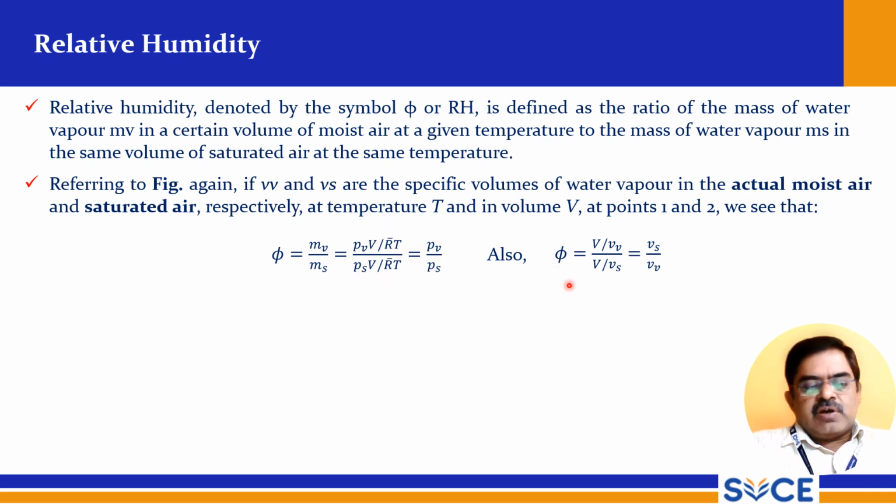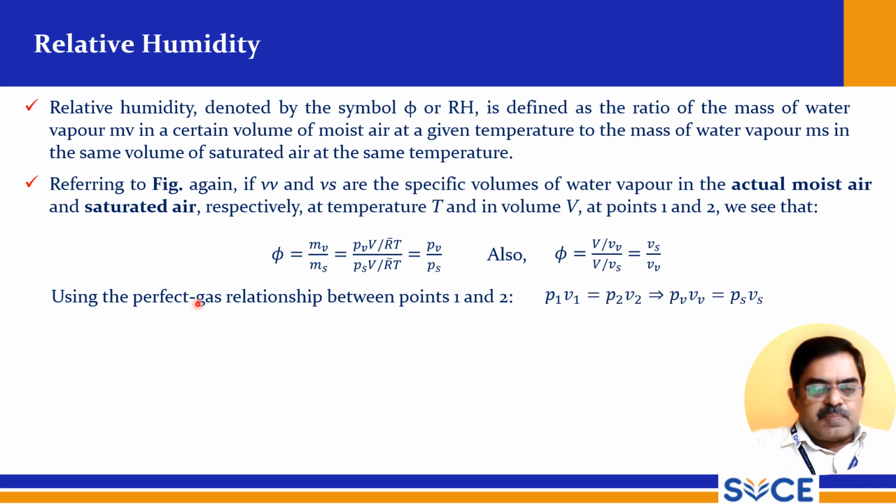In terms of volume also we can calculate it, that is Vs by Vv. That is the simple way to calculate relative humidity, both in terms of mass and in terms of volume.